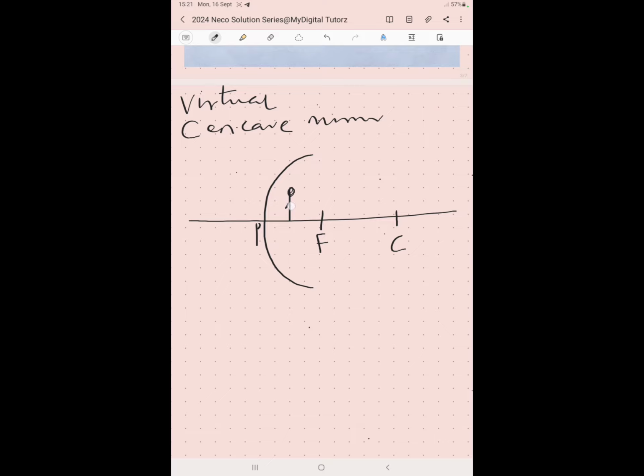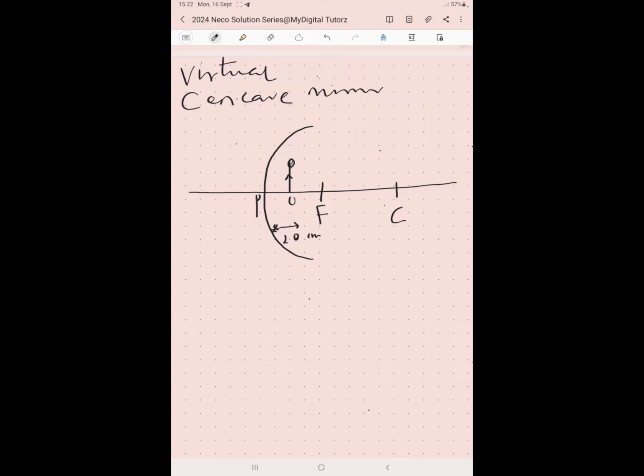So this is the man, right? So that is the object. So the distance between the man and the mirror is said to be 20 centimeters, right? Now let's see how the image will be formed behind.